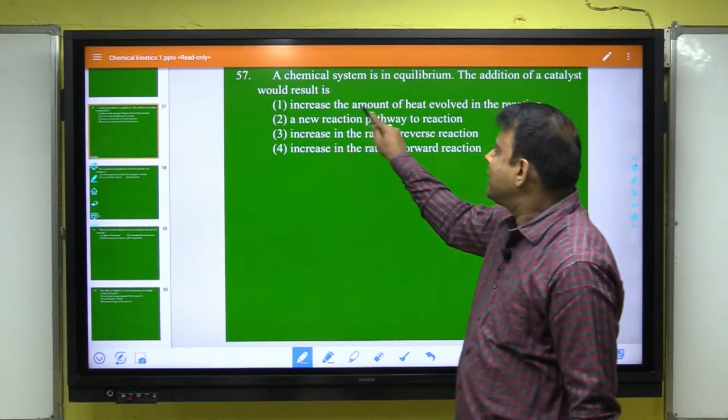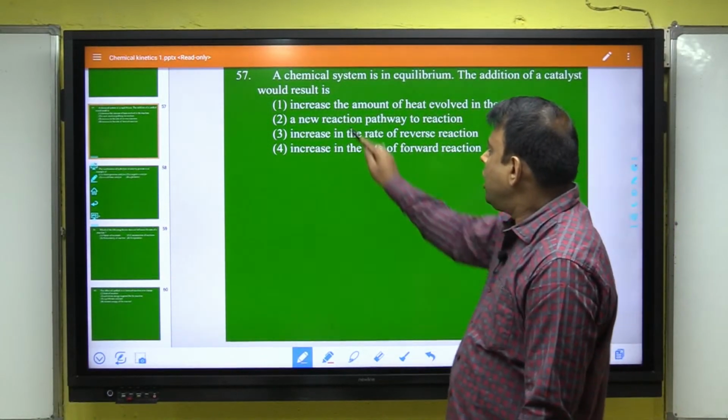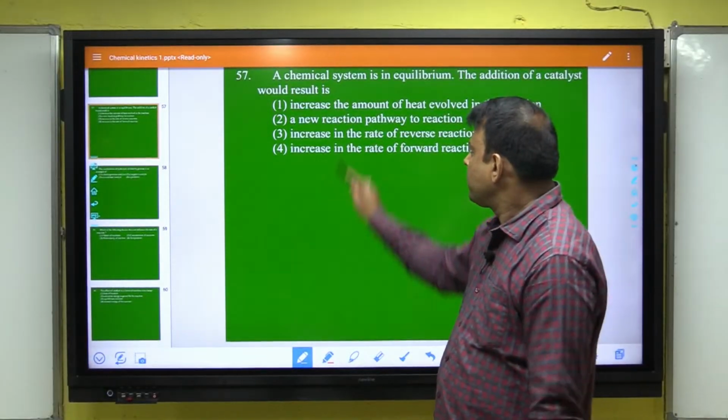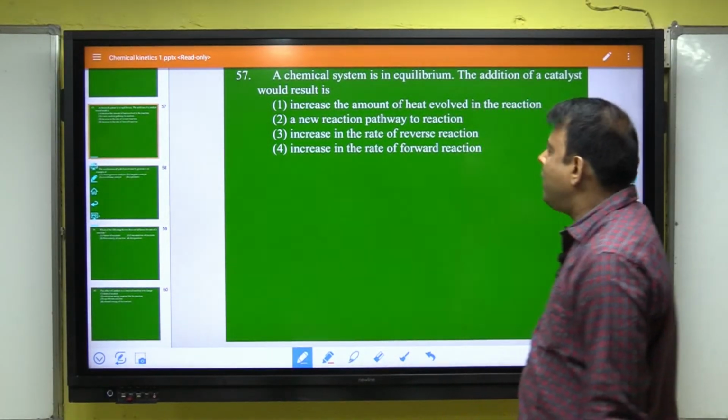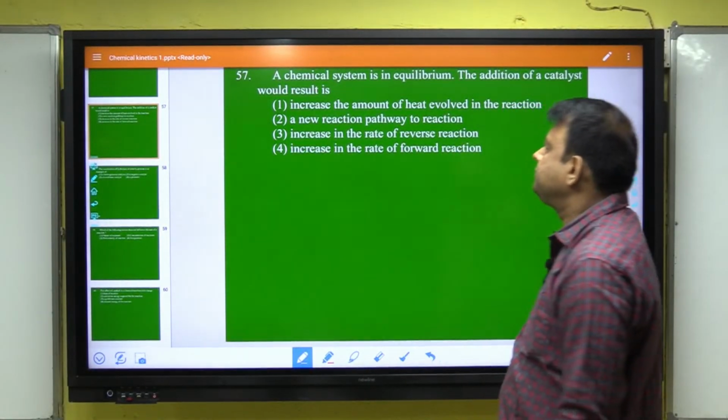Option, increase the amount of heat evolved, no. A new reaction pathway, increase in rate of reverse reaction, increase in rate of forward reaction.